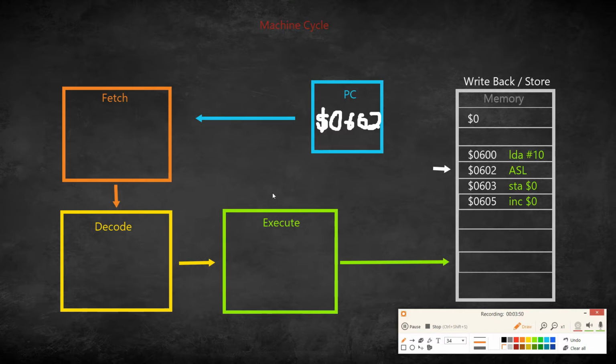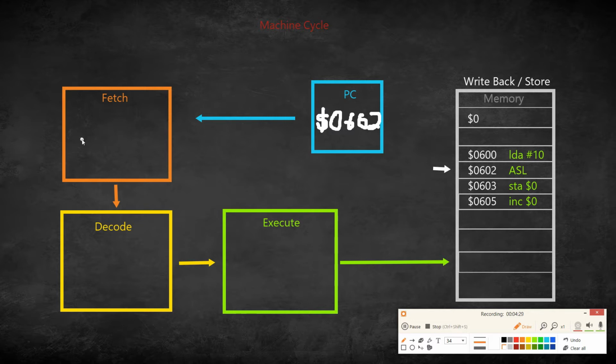LDA was byte A9, and 10 is A, so it takes 2 bytes. So we want the PC counter to go over to this instruction, because if it were 601, the next instruction would be A, and that would be a bad thing. So it's incremented itself perfectly to ASL.